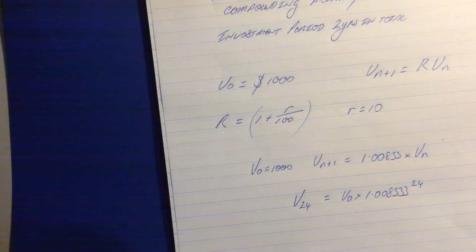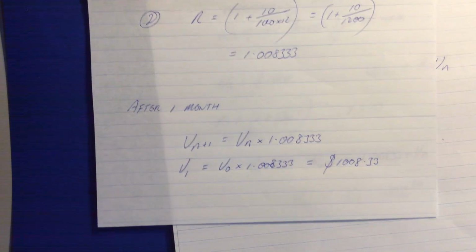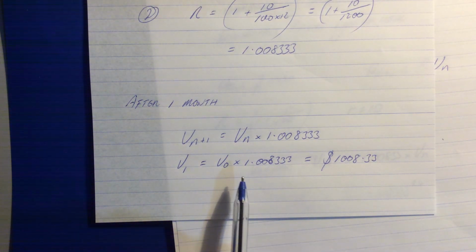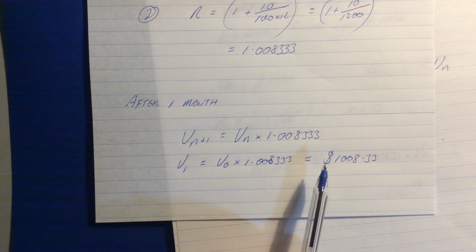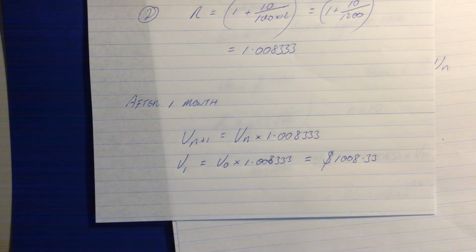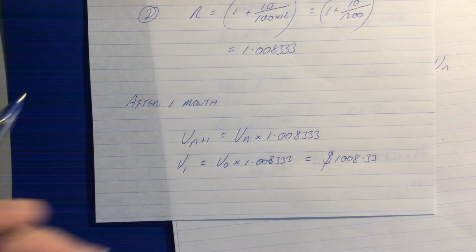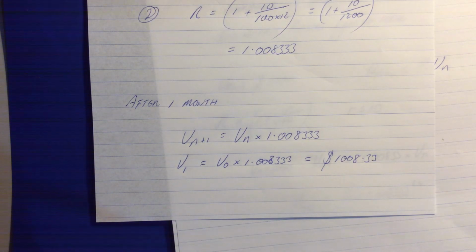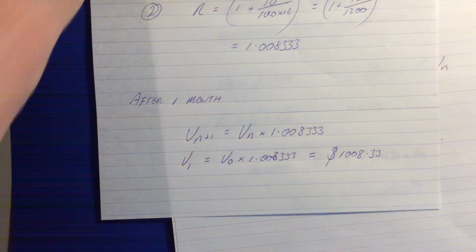Now, it's not the only way of doing this. What you could do is, if you've got a calculator with the necessary capability, you can enter the formula into your calculator with what V0 is and what the interest rate is, and you can use a repeat button on your calculator and just tap it 24 times, and the first thing you'll get is this, and then the next thing will be a slightly higher value all the way through to 24 months.